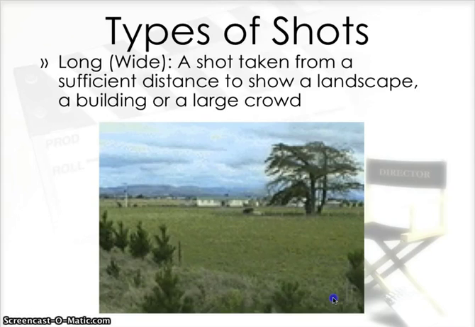Oftentimes, if you have a war scene, they'll show the depth and how big the war or the battle is. And so that's what that shot is used for. Exactly. So just like in the exposition of a story, you need to find the setting. Long shots are often used to establish where we are. So give us an overall view of different things.